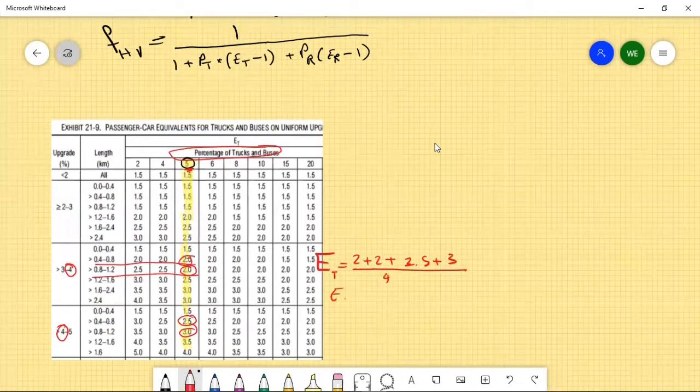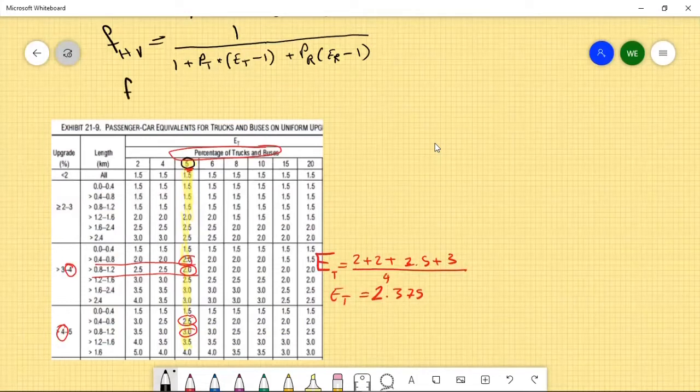So the equivalent truck will equal, I think, 2.5 plus 3 plus 4 divided by 4. So it's 2... I'm sorry, 2.375. So we go and substitute here.